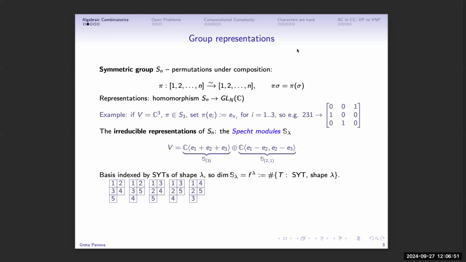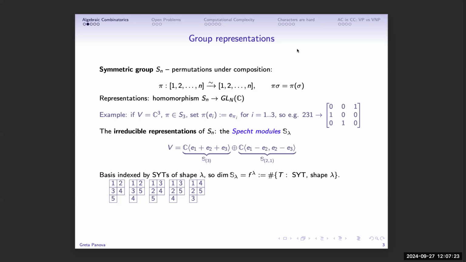In this example here, this representation is not irreducible. These two components are fixed subspaces of this representation. It turns out that the irreducible representations are classified: they're indexed by these partitions lambda of n, and their bases, in some sense, though not in any direct way, unfortunately, correspond to standard Young tableaux.